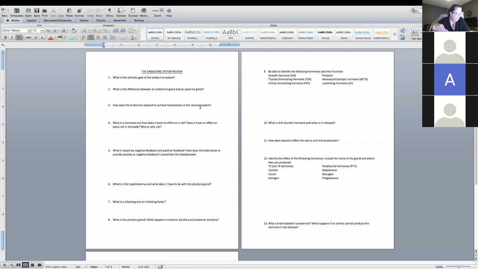What is a hormone and how does it exert its effect on a cell? Does it have an effect on every cell in the body? So a hormone, the definition is a chemical messenger, but it only exerts its effect when it reaches its target organ or its target area, and that target has a receptor that only matches that hormone. Okay. It has to find it.